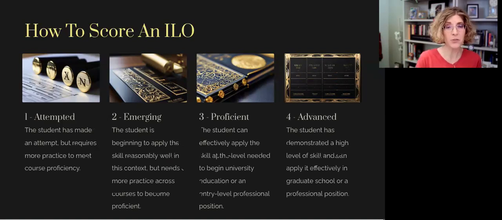The rare student might get a 3. I almost never give a 4. And I will share later language I actually give students that explains it. I have language in my assignment about what this is, and I have language that I send to them when I grade, because I think it's important for them to know that they're developing these skills across all of these classes.